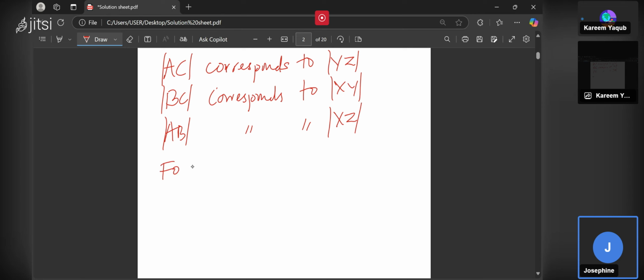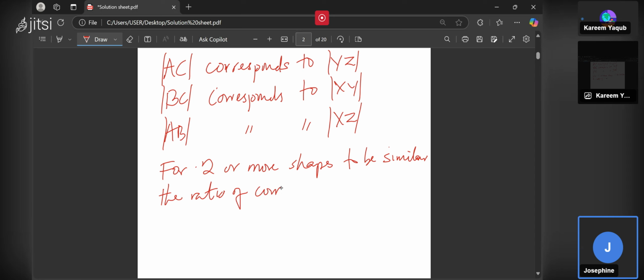For two or more shapes to be similar, the ratio of corresponding sides must be equal.